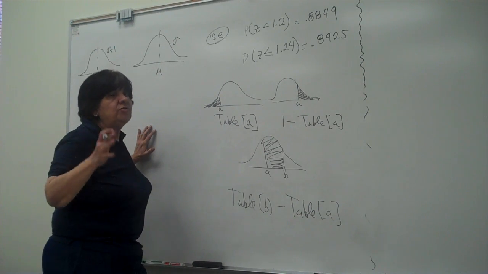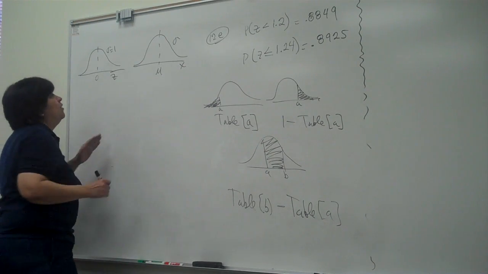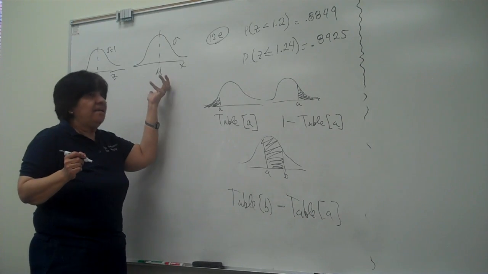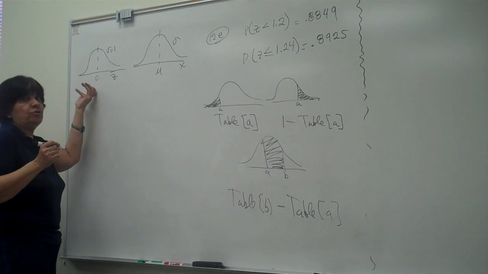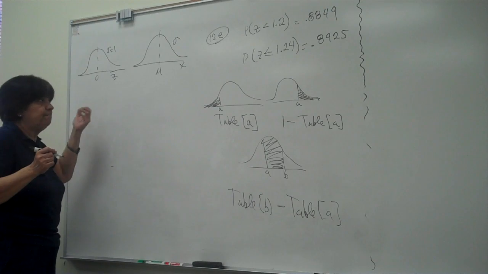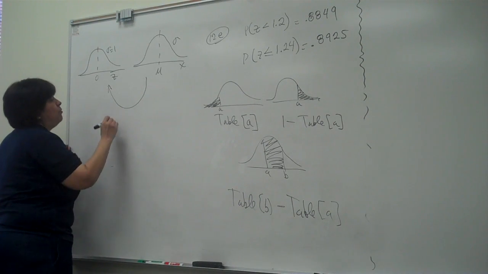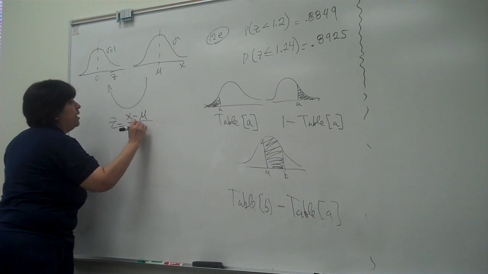So we want to find a way. This is X, this is Z. We need to find a way to transform any normal distribution into a standard normal distribution in order to what? In order to calculate probabilities. And the way to do that is through the formula Z is equal to X minus mu divided by sigma.